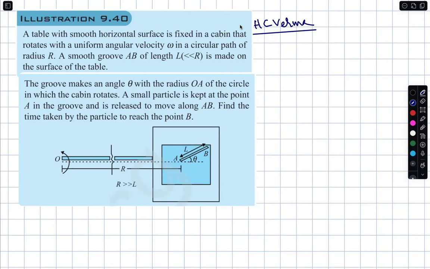A table with a smooth horizontal surface is fixed in a cabin that rotates with uniform angular velocity omega in a circular path of radius r. A smooth groove AB, whose length is L, which is very small when compared to R, which means whether it is at A or at B, the centrifugal force is m r omega square.